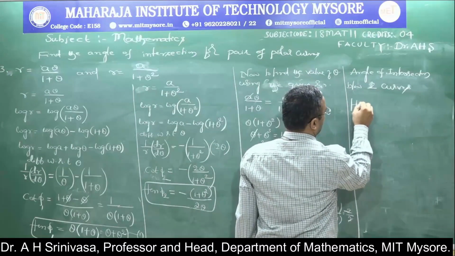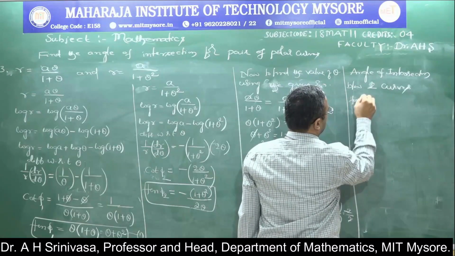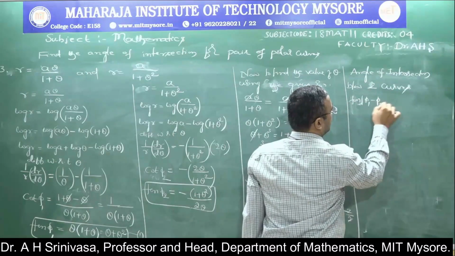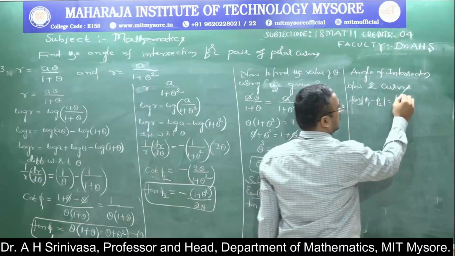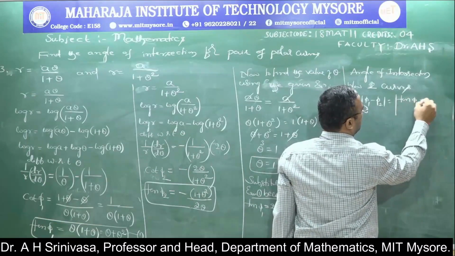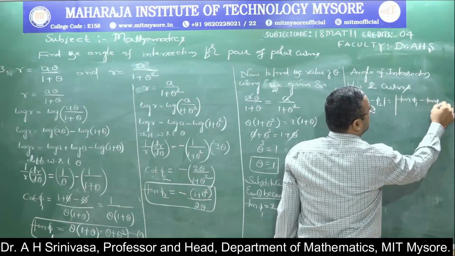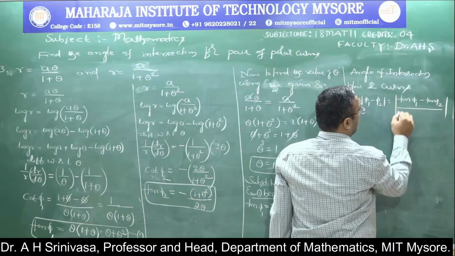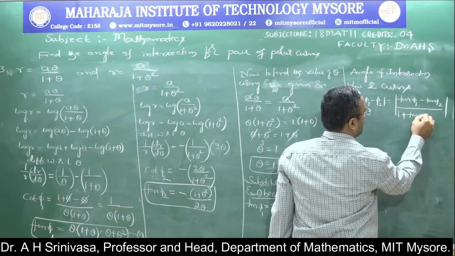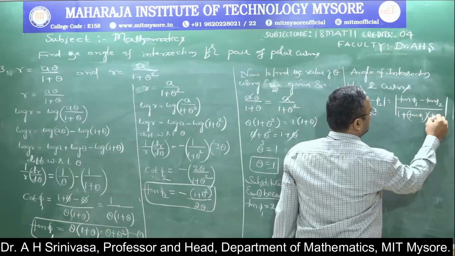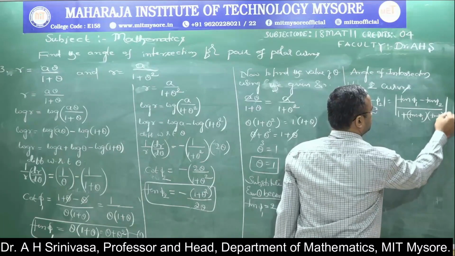It's the absolute value of tan of phi 1 minus phi 2, which is the absolute value of tan phi 1 minus tan phi 2, all divided by 1 plus tan phi 1 into tan phi 2.